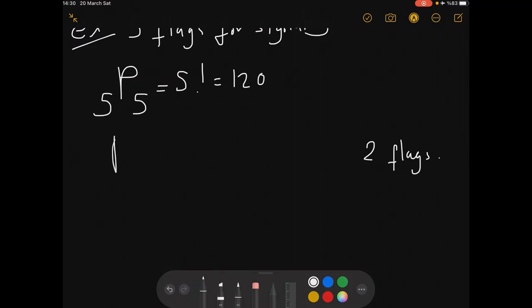But what if you're given the option to raise only 2 flags within a selection of 5 flags? In this sense, again, you will have 5 flags here, but you're limited to 2 flags for that.